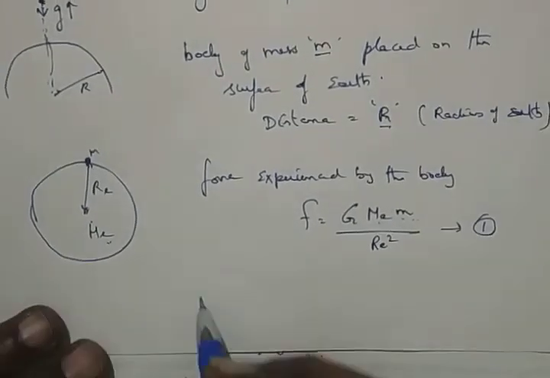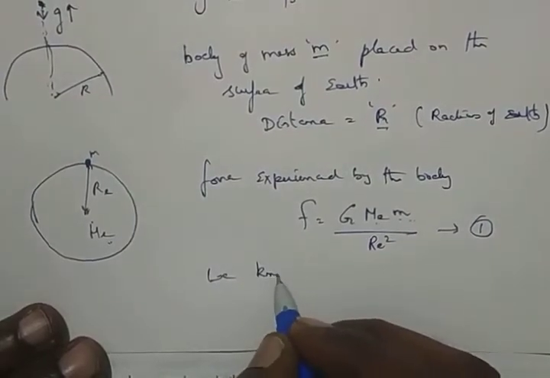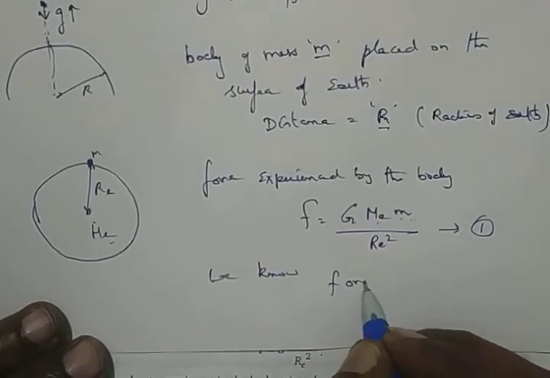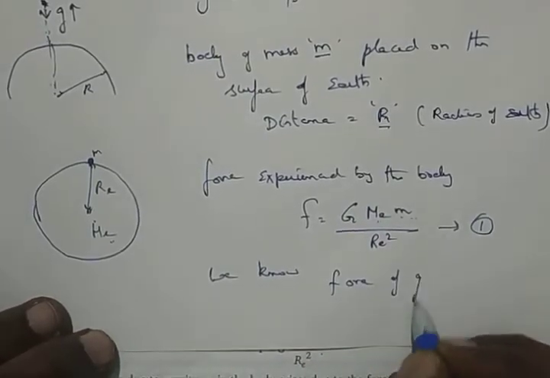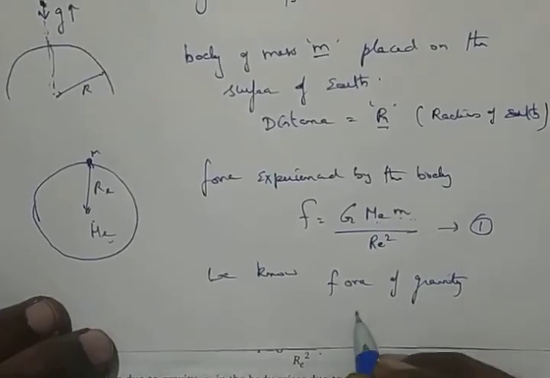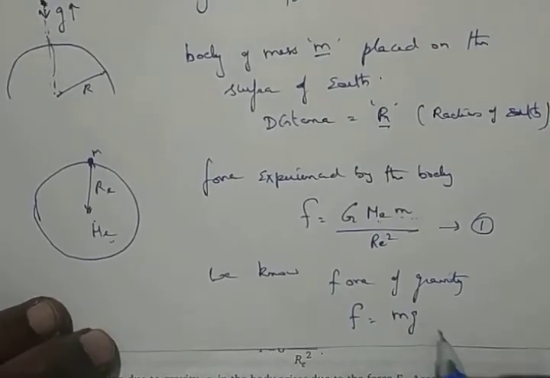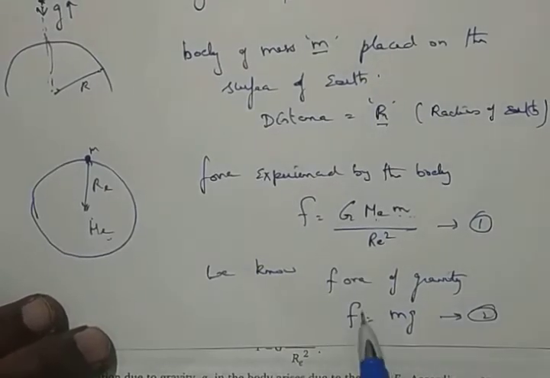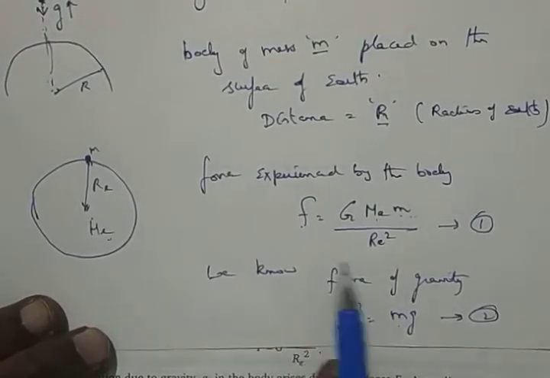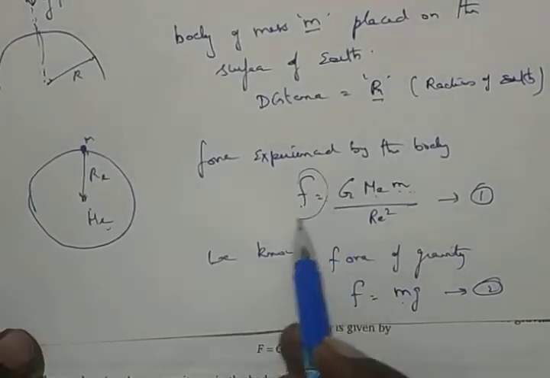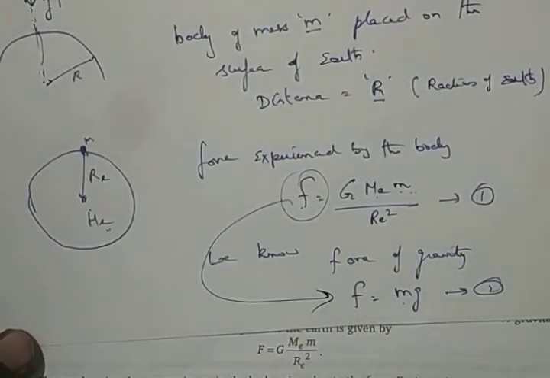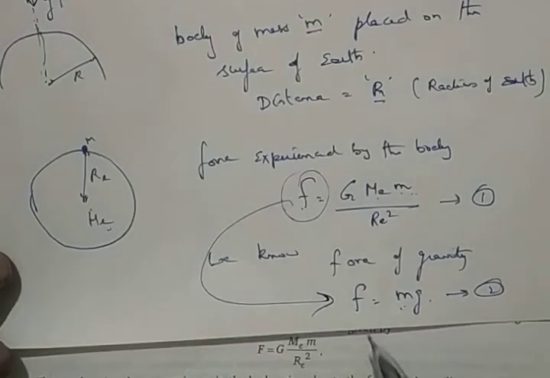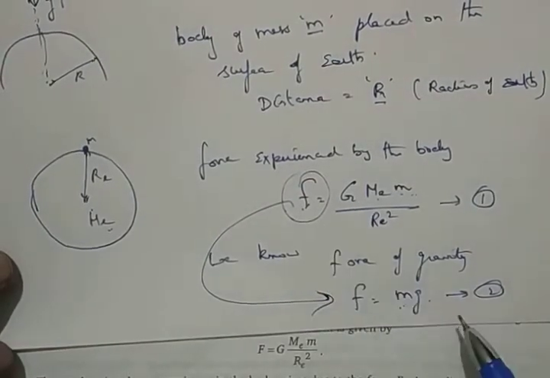We know the force of gravity F is equal to m into g. This also we know. This is equation number 2. The force of gravity is m into g. This force is also mass into acceleration due to gravity, because force is always equal to mass into acceleration.